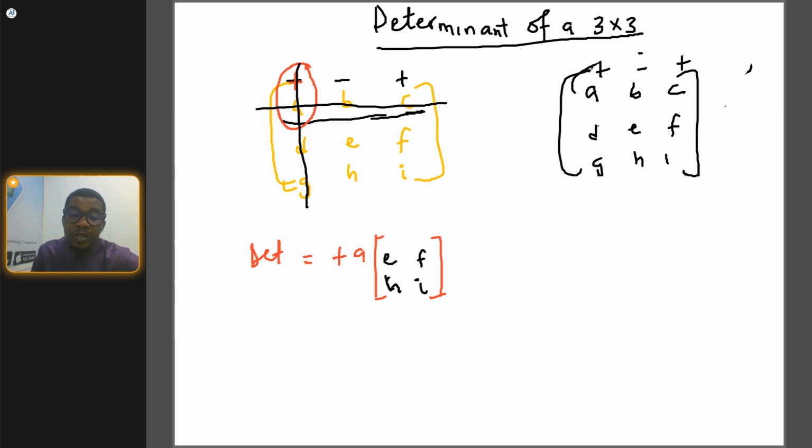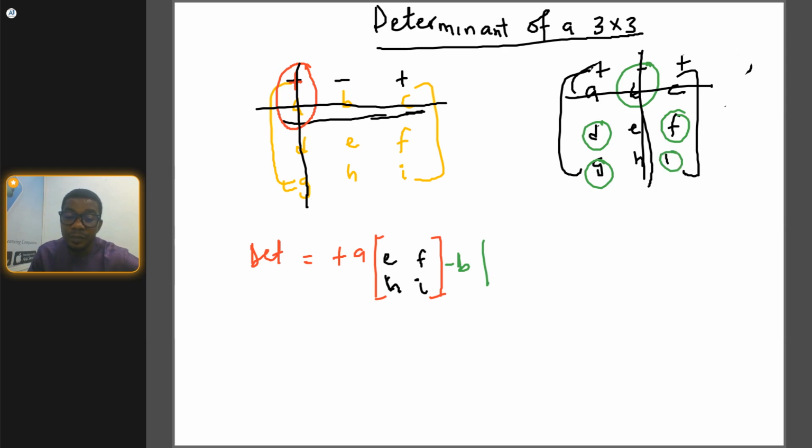This time I'm going to move to the next one, which is minus B. When you circle minus B, that means you have the determinant to be minus B. Then cross out the values that intersect with B. A and C are on the same line with B. Then E and H are also on the same line with B. So we are left with D, F, G, I. So that is for B.